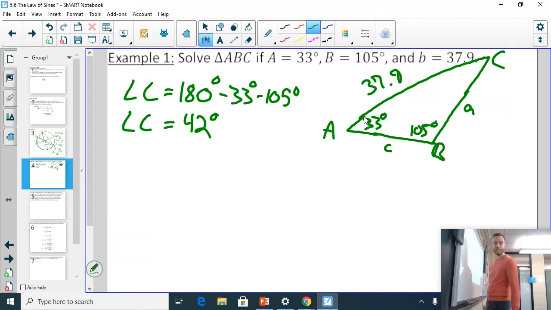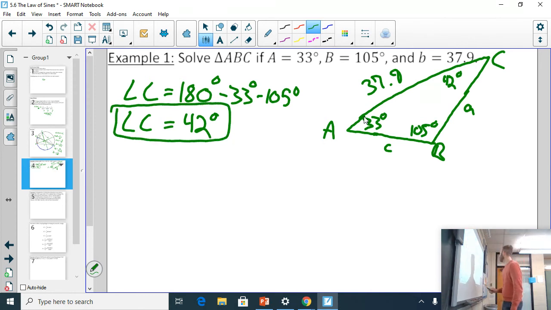So we have angle C is 42 degrees, and we can stick that right there, 42 degrees. And so that's part of our solving. And now we just need the other two sides.